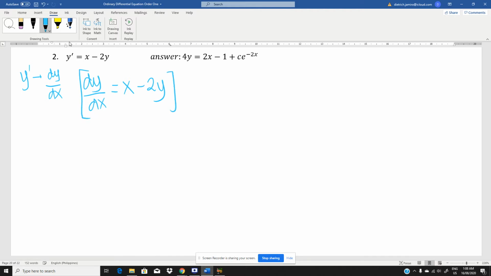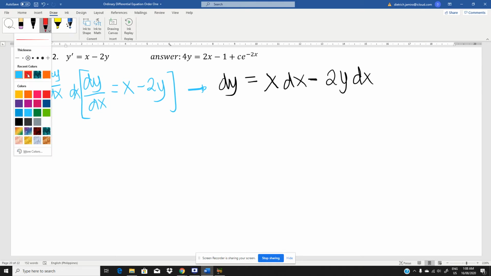Multiplying both sides of the equation by dx, we will have dy is equal to x dx minus 2y dx.